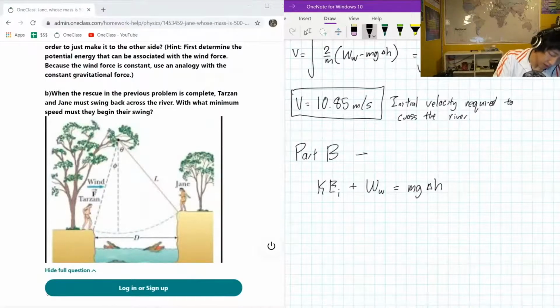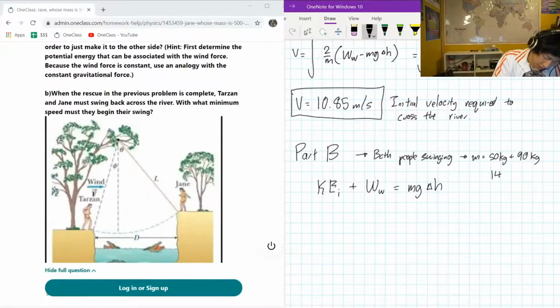Now keep in mind, we have both people on the rope now. So our mass is going to be 50 kilograms of Jane plus 90 kilograms of Tarzan, for a total of 140 kilograms of friendship.